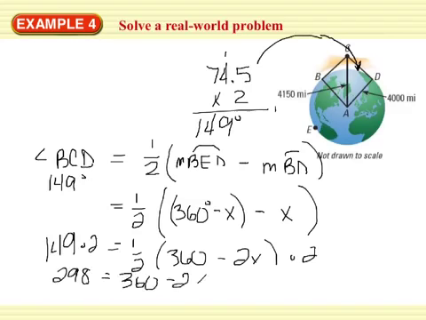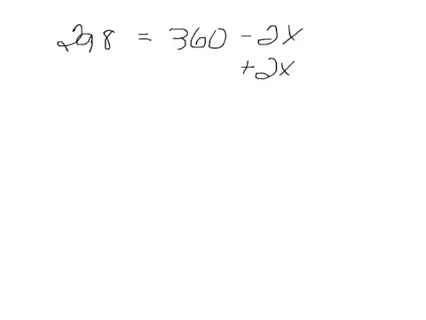That equals 360 minus 2x. I'm going to add 2x to both sides because I don't like negative variables.